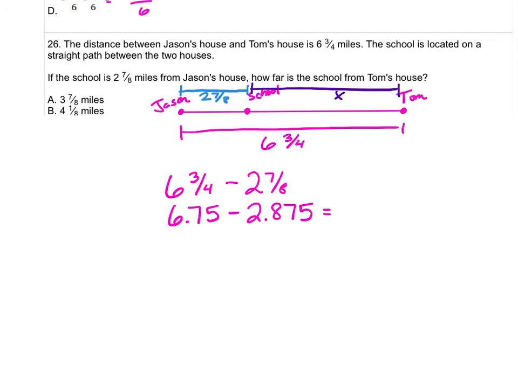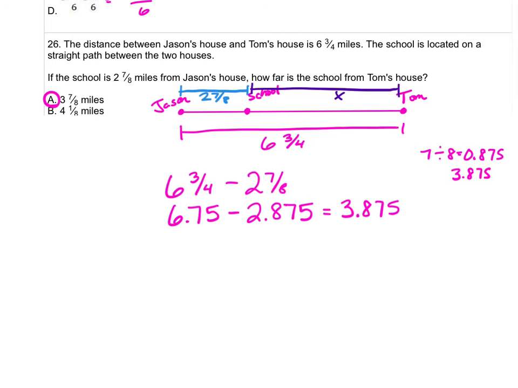And so I go to a calculator and I subtract these decimals. I get 3.875, which looks like it will match answer choice A, 3 and 7/8. If in doubt, I could check. I could see if 3 and 7/8 is 3.875 by dividing 7 by 8, and the calculator will tell you it's 0.875. So 3 and 7/8 would be 3.875.